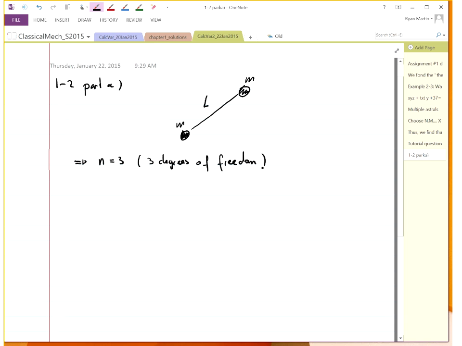So we have 3 degrees of freedom. So we must now choose 3 possible coordinates to describe the system.